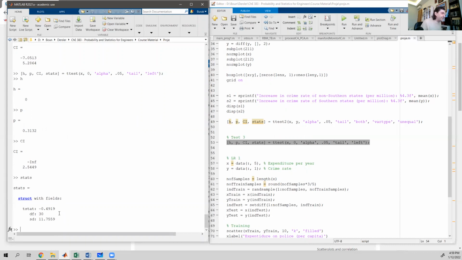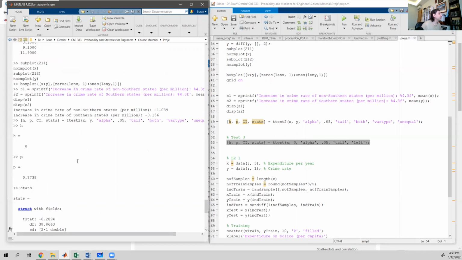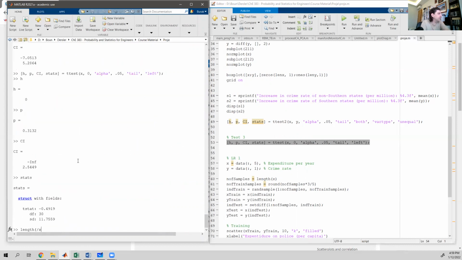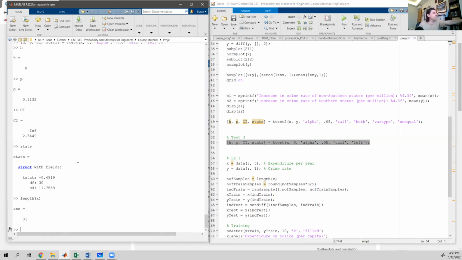Although this is a negative value, you still cannot reject because it's not statistically significant. The degrees of freedom is 30. And where does 30 come from? It comes from the length of x. The length of x is 31 observations, so one less is 30, and the standard deviation is 11.75.